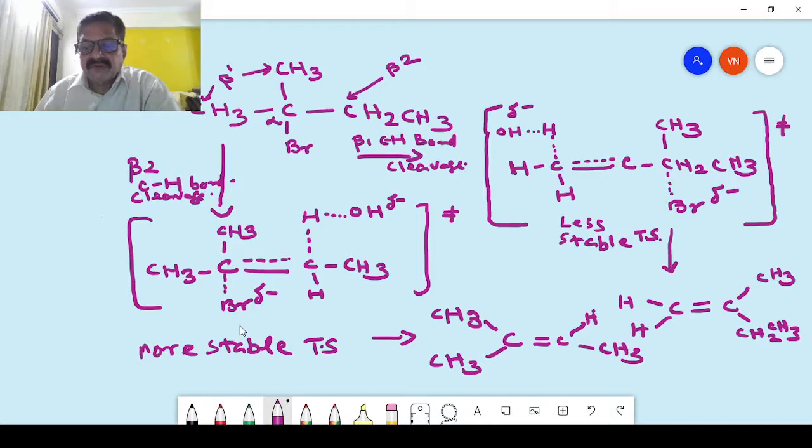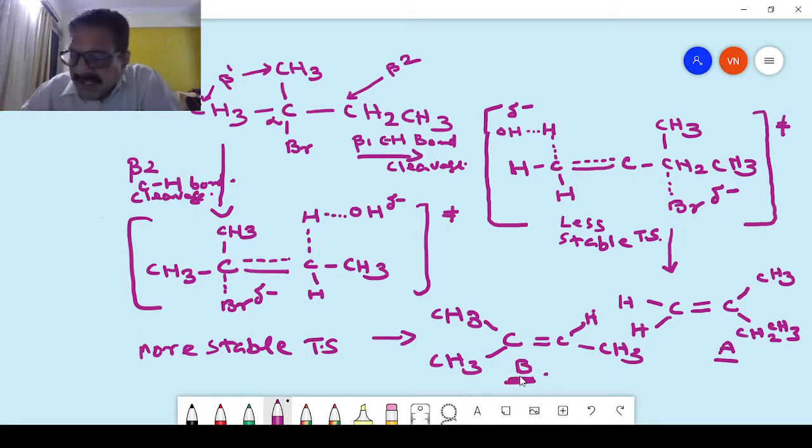So this is A and this is B. B is the major product because it is the more substituted double bond. The trisubstituted alkene is the major product and the minor product is the disubstituted alkene. So this is our rule: the Saytzeff rule says the more substituted double bond will predominate.